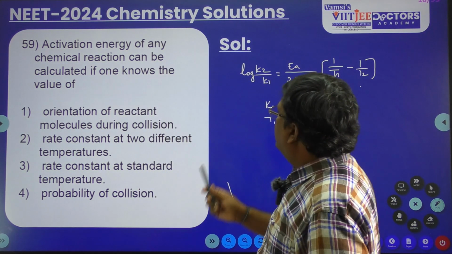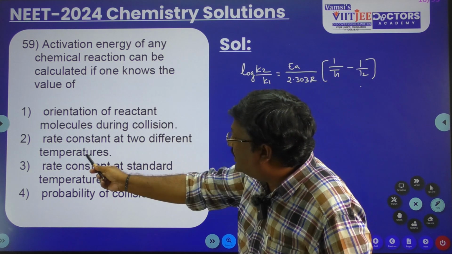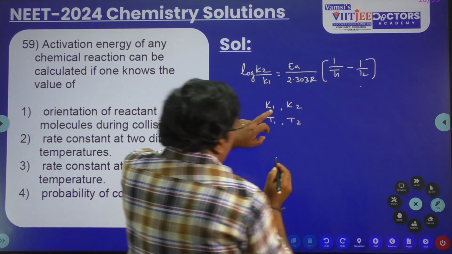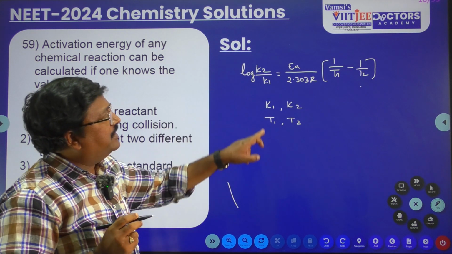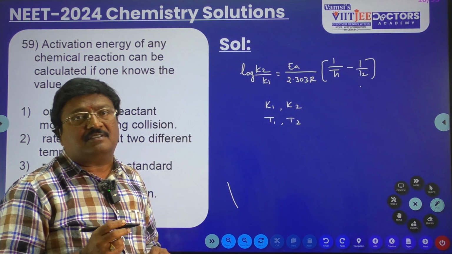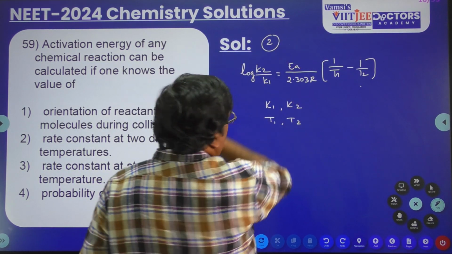So it depends on the rate constant at two different temperatures, on both rate constant as well as temperature. Thus the second option is correct.